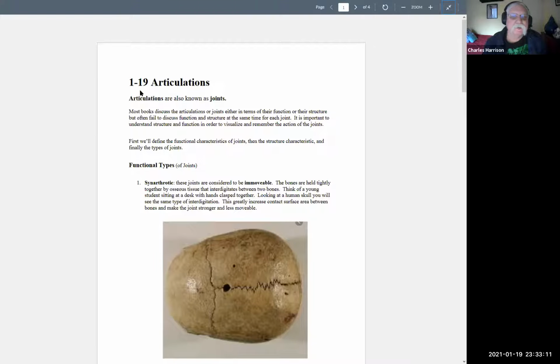Again, the date, so we know where we are at, and articulations are joints. First, we had the nomenclature for naming, and now we have the joints themselves. Articulations are also known as joints.